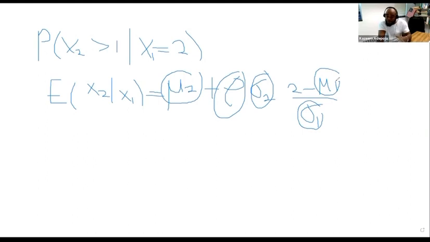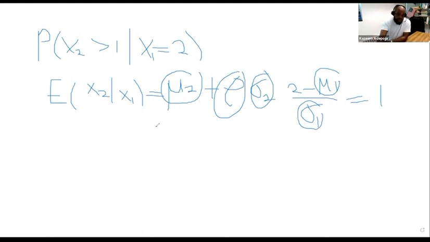They're giving you all of that. When you plug in those values and simplify, I'm actually going to get 1. That is the expectation of x2 given x1 equal to 2. Initially it was x1 here, and they're giving you the other parameters in the equation, you just plug them in.